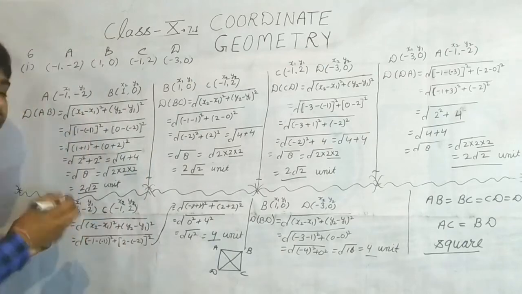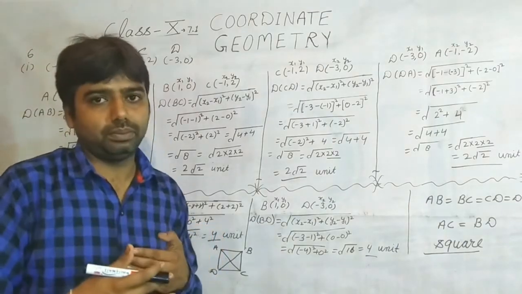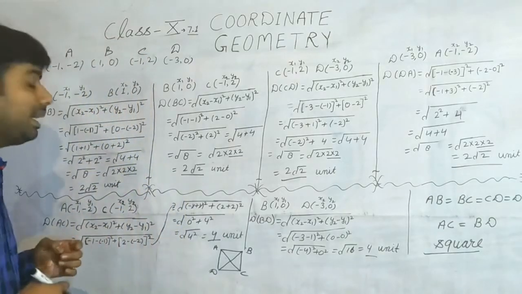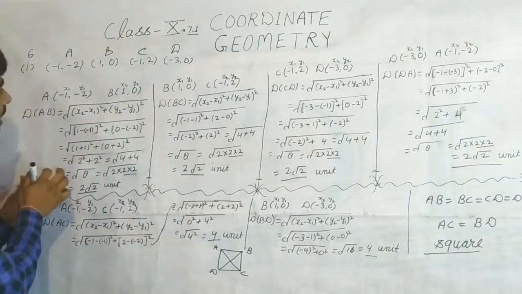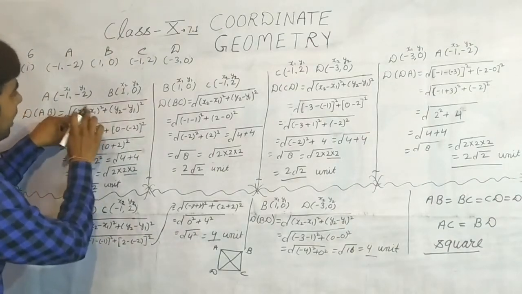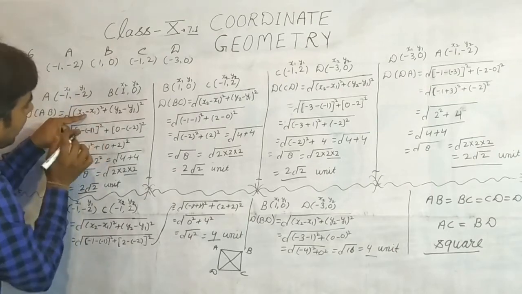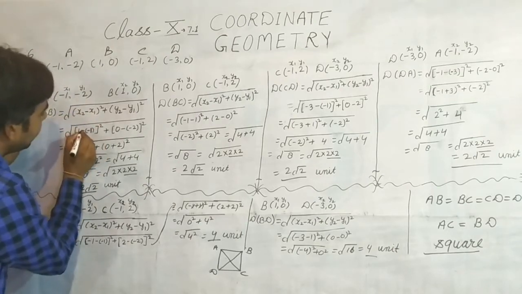It's not a rule, but I do it so. You can also do it. It makes the question easy. As I am doing here, minus and x1, the value of x1 is minus 1. I take a small bracket because I have a negative number in front of this negative number.